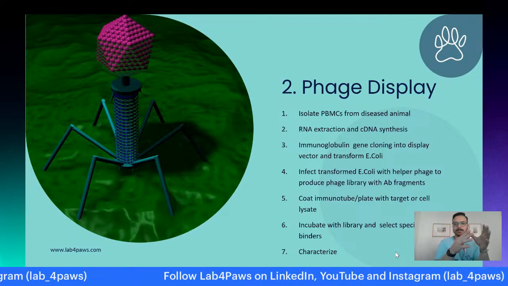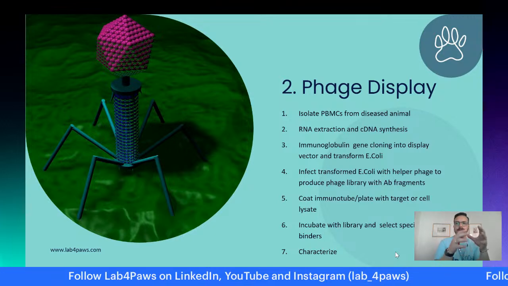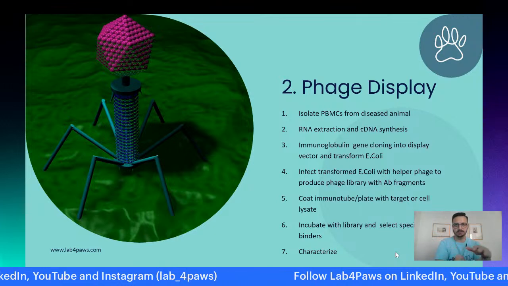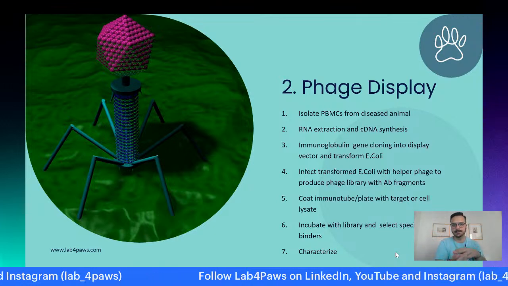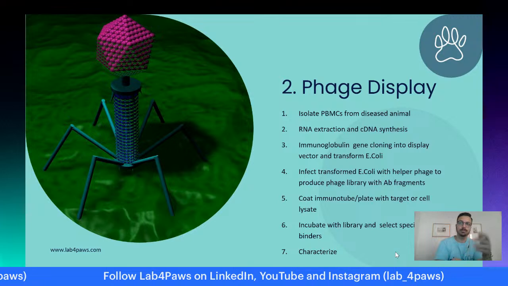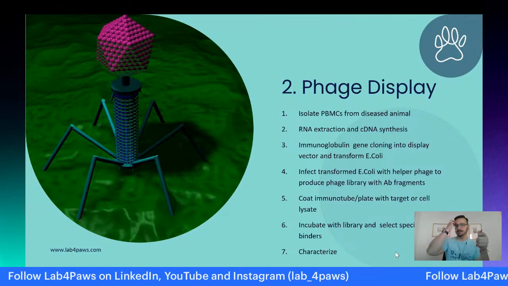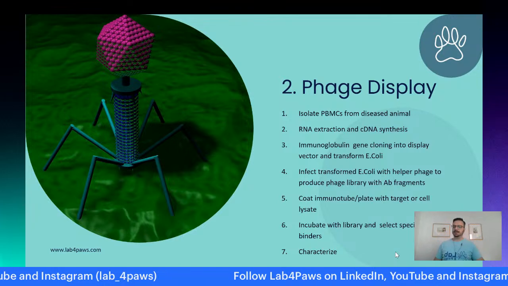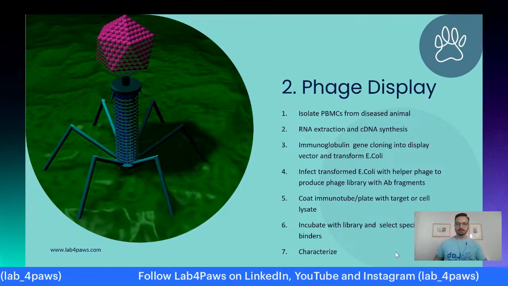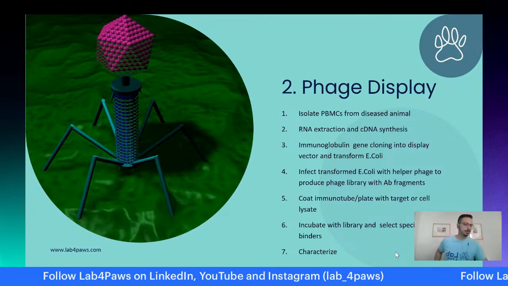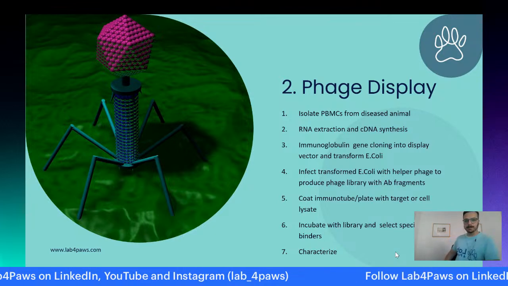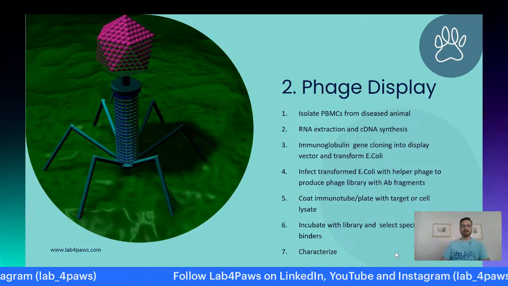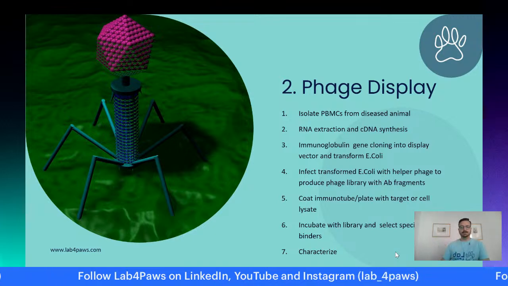Now, the next step is I would take an immune tube or a plate, and I would coat this with the target, if I know the target, or with a cell lysate. For example, as in the example before, I would take tumor cells from, I don't know, dog colon carcinoma, and I would dice that and use that to get my lysate.